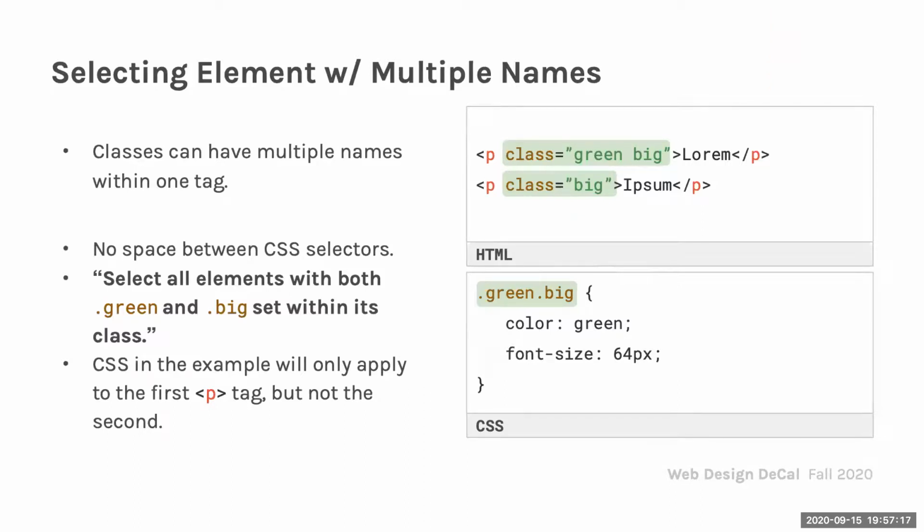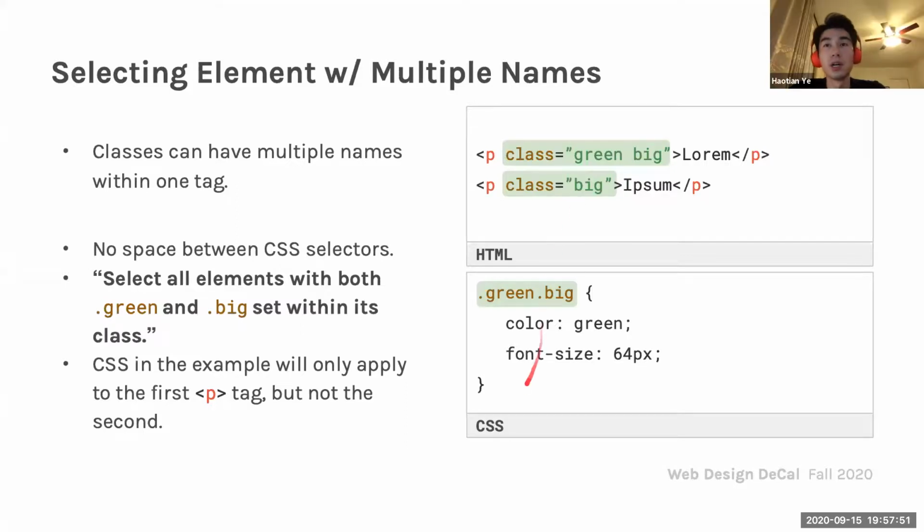What if we had a separate green and then a separate big and they had different things inside it, and then we did green big? Would it apply both of them, or would one get overridden by another? Would it error? So let's say we take out big here and leave class green big there, and instead of doing dot green dot big, you had a dot green and then something in there and then a separate dot big and then something in there?